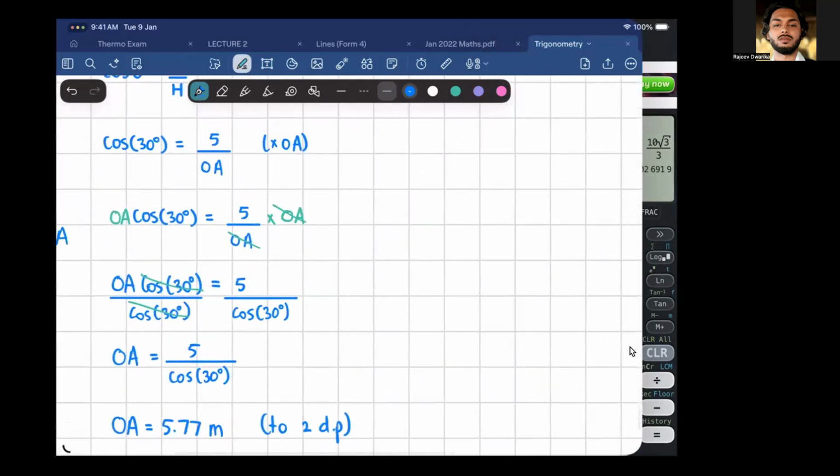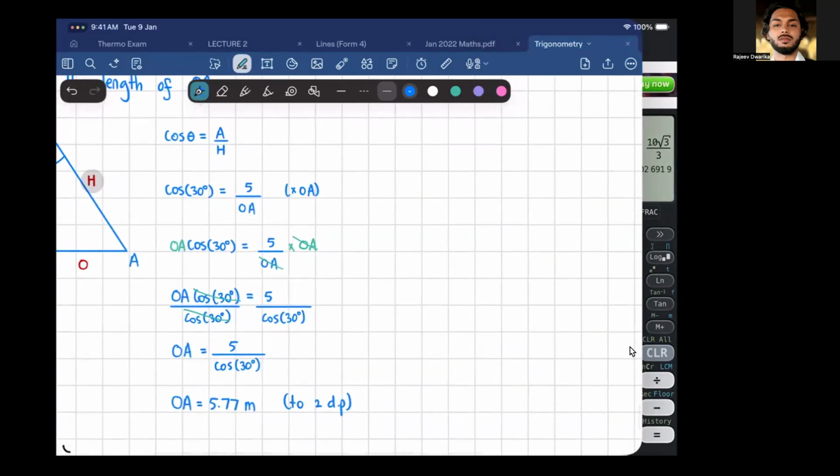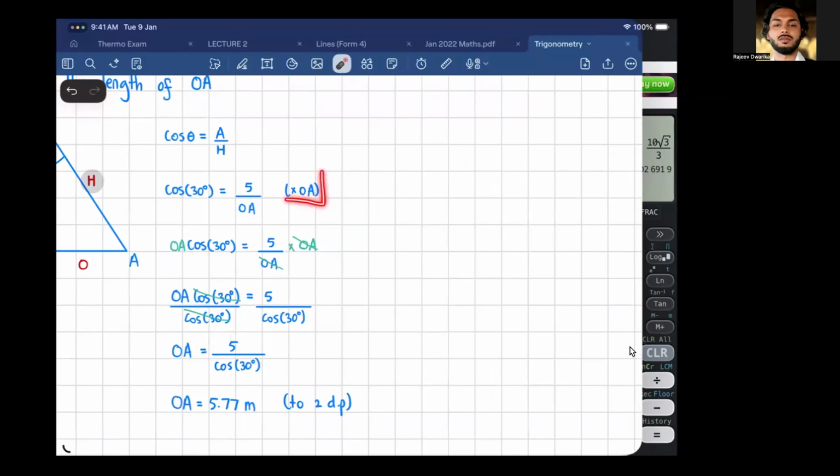Right, so Simran, this working was a bit different from the last working. I need you to tell me if you're confused. You're probably wondering why I multiply by OA. No, I actually understand why I multiply by OA.